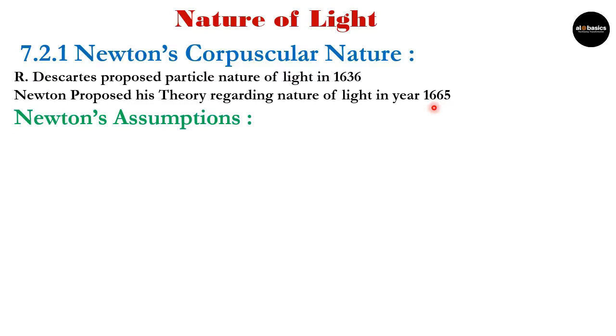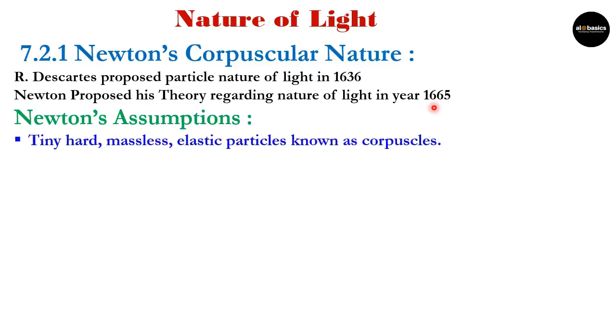That we'll see. Newton's first assumption is that light is in the form of tiny, hard, massless, elastic particles known as corpuscles.